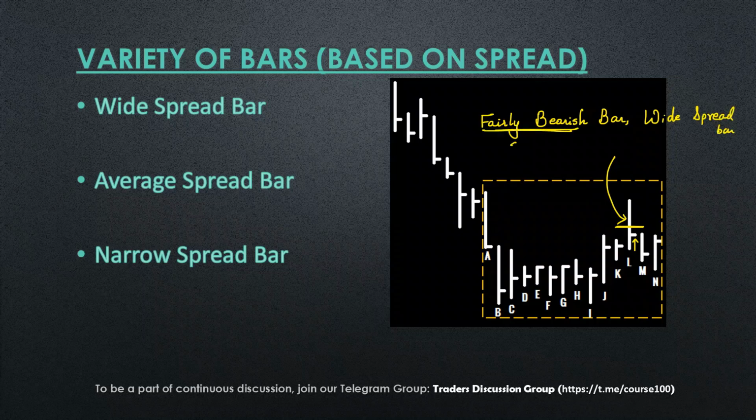Again, my strength is slightly bearish, whereas the movement is wide, right? So based on this, you can say sellers are still present in the market.